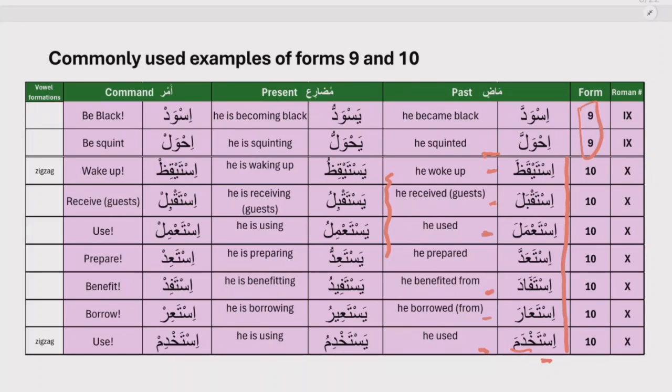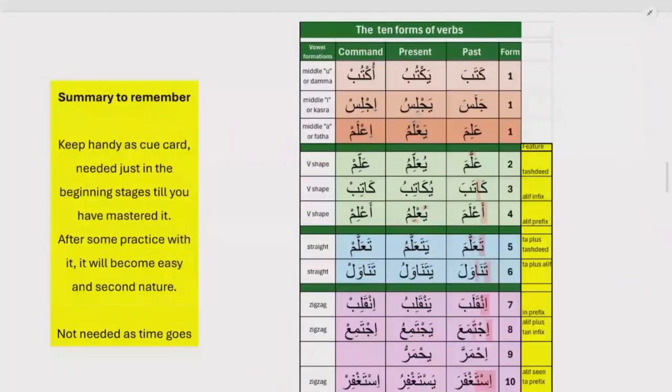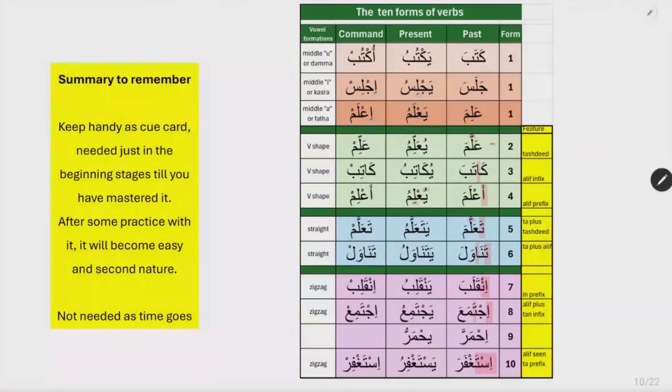Now, I don't expect you to learn all these words, but if you can remember just one of these that apply, and in my case, I like to look at this particular table, where I remember one verb, which is allama for form 2, kataba for form 3, alama for form 4.